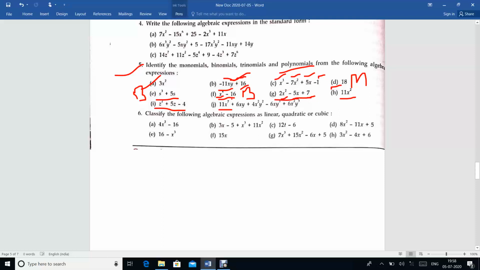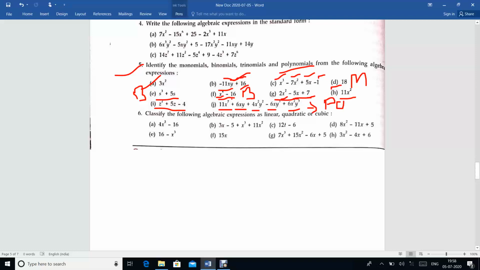See, 1, 2, 3, 4, 5. 5 terms. And if any algebraic expression contains four terms or more than four terms, then it will be polynomial. So this is question number 5 from your book exercise 5.2.